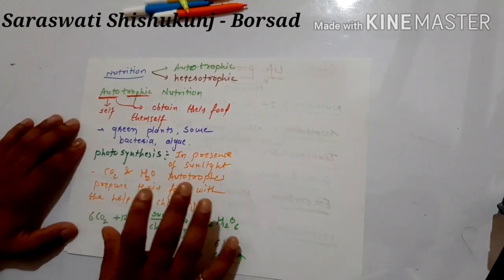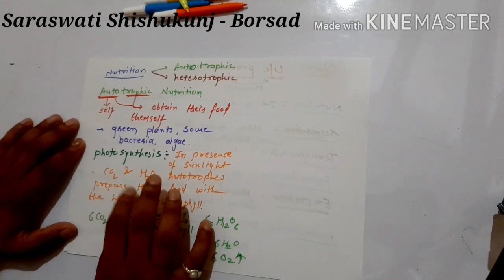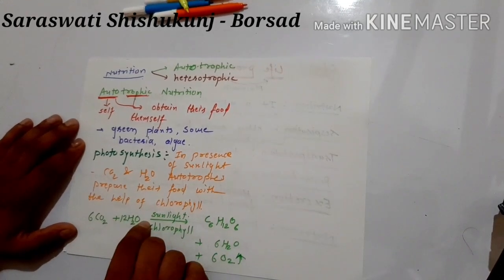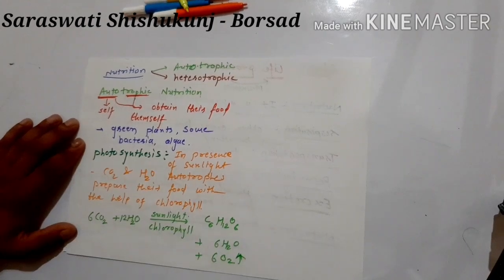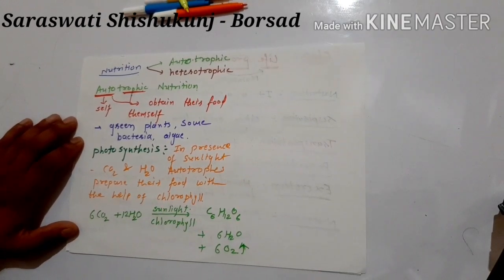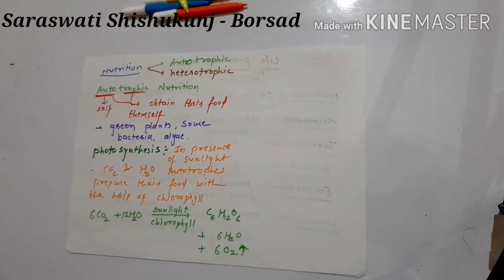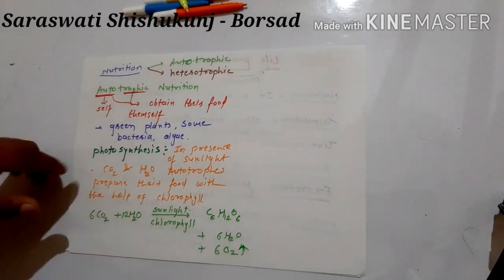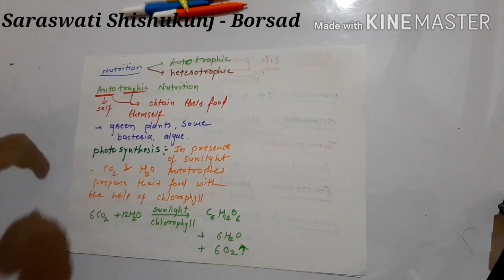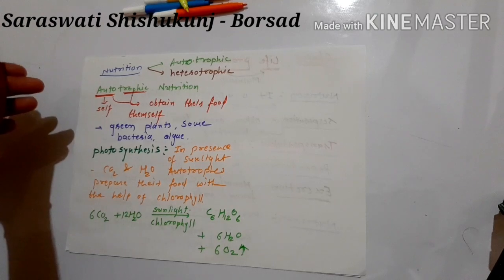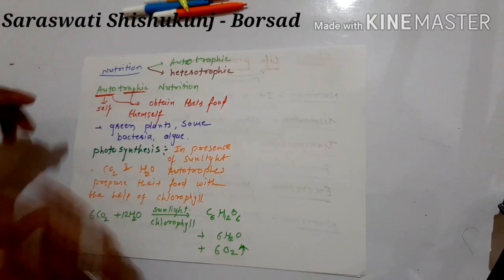In presence of sunlight and using carbon dioxide, water and chlorophyll of the plant, they are able to prepare their food by themselves, right? And here is the reaction of photosynthesis. Now, in three steps, this photosynthesis is going to take place.